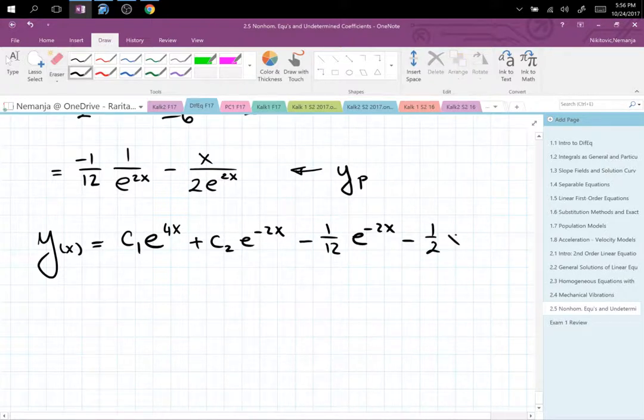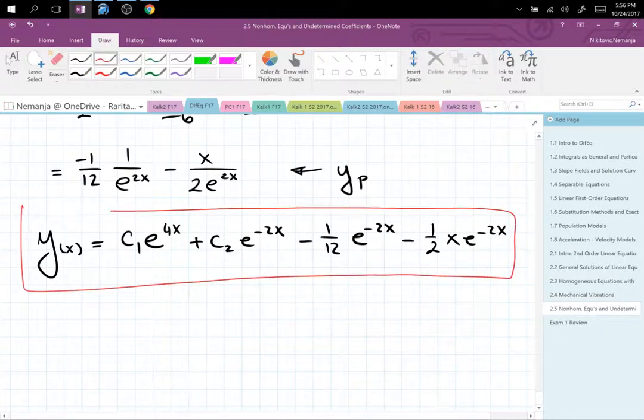And 1/2 x e to the negative 2x is fine. It's good enough. You can combine these two into the C2 e to the negative 2x term because this negative 1/12 gets absorbed by the constant, or you can leave it.